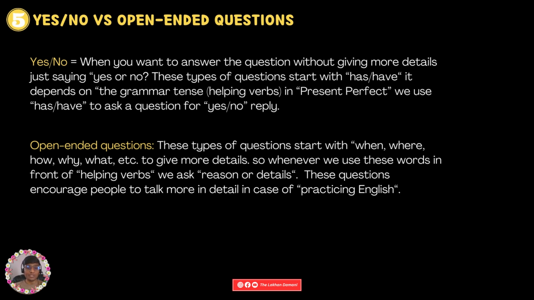But when we talk about open-ended questions, you're giving more detail. Such questions always start with how, when, where, what, why. So when you use such words before the helping verbs of each tense, you're asking to give a reason or more detail.